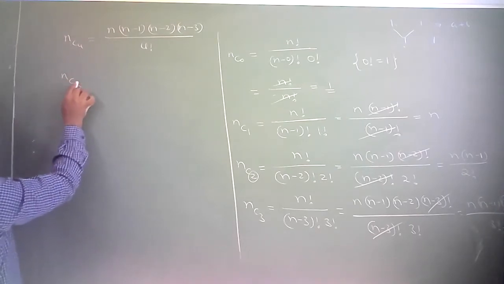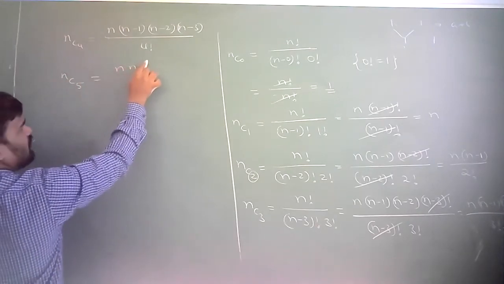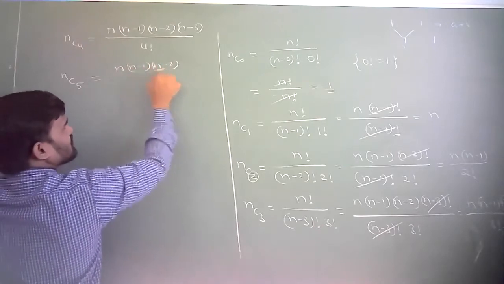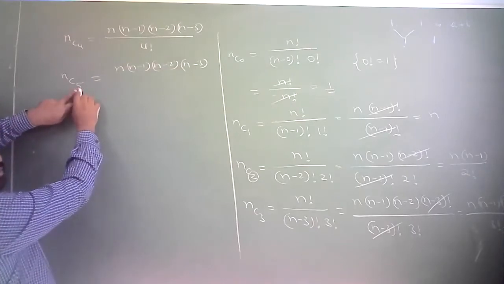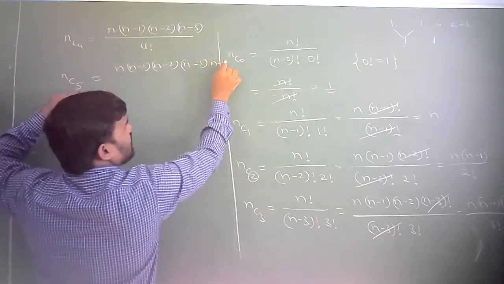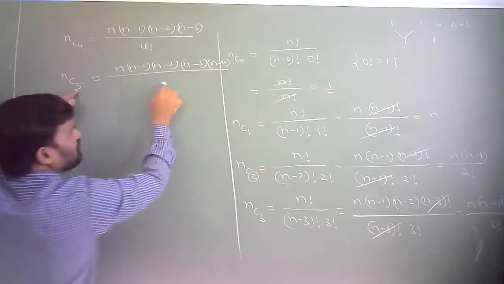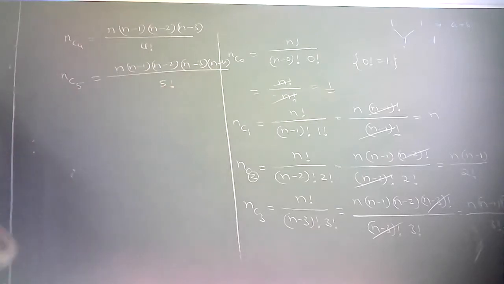Next, NC5 means n into (n minus 1) into (n minus 2) into (n minus 3) into 1 less than this number, that means (n minus 4), by 5 factorial. Very simple.